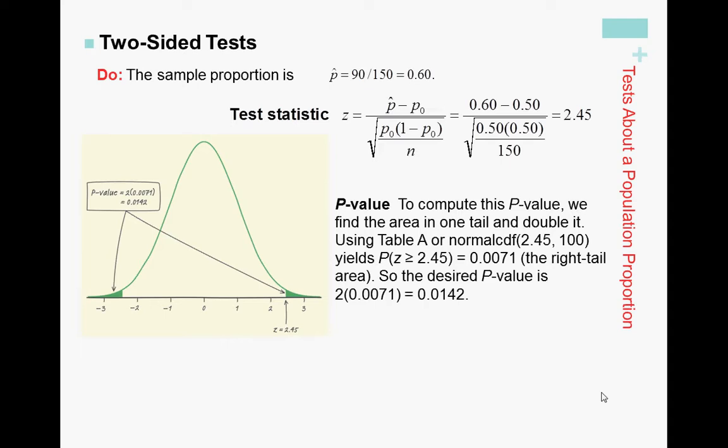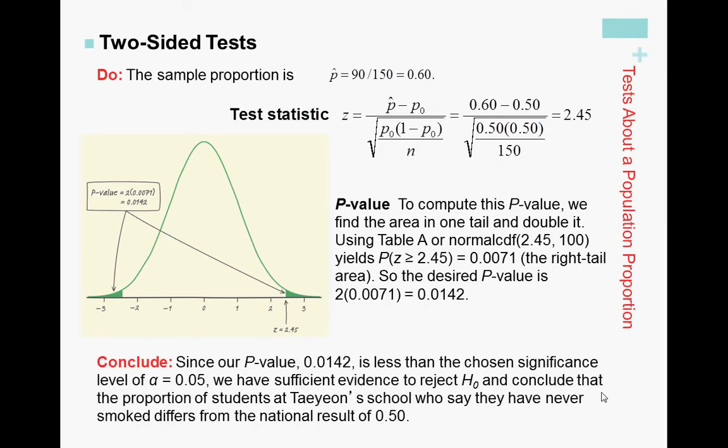That is pretty small, and that is certainly less than, our p-value is less than the chosen significance level of 0.05. So we have sufficient evidence to reject the null hypothesis and conclude that the proportion of students at Tyon's school who say they have never smoked differs from the national result of 0.5. So this is convincing enough evidence that it's different at his school.